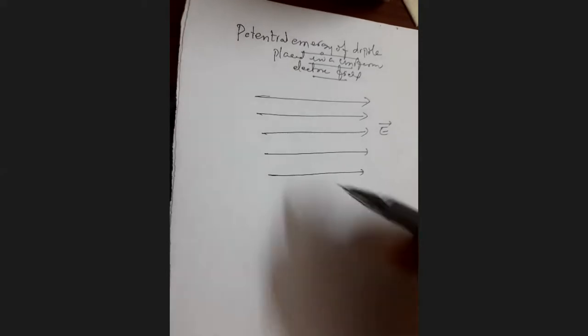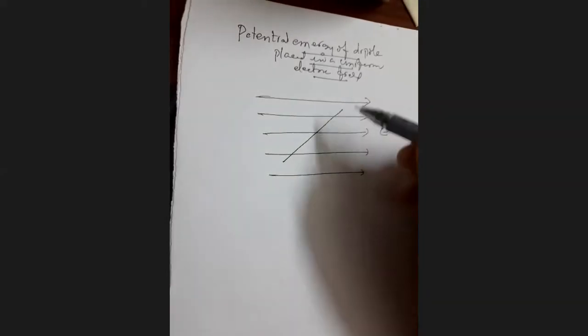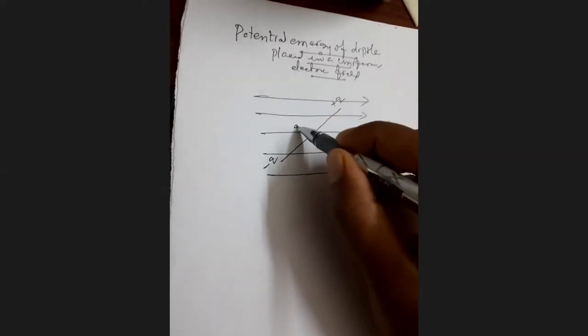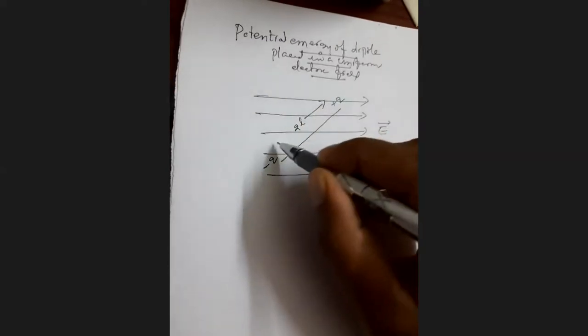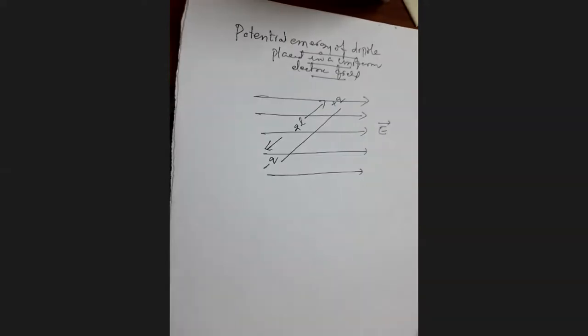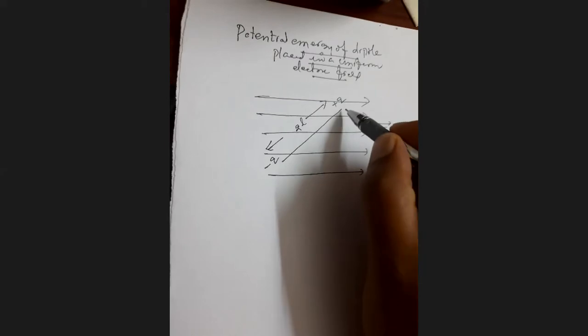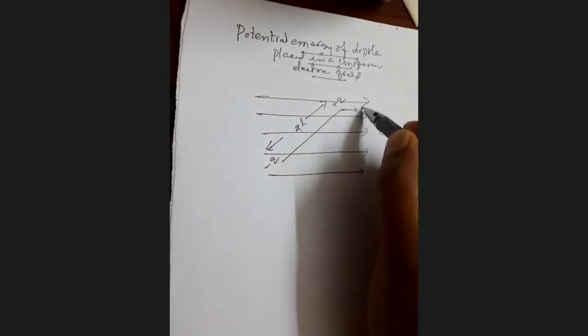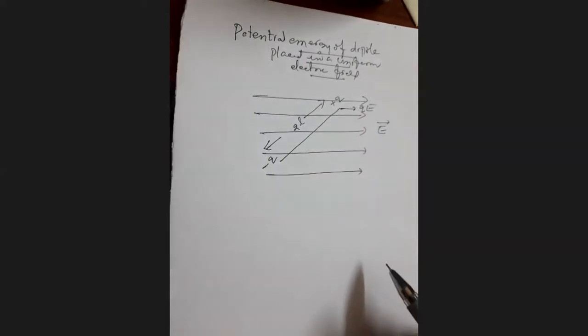Now I am taking minus Q and plus Q. This is the electric dipole. Length of the dipole is 2L, that is the distance between minus Q and plus Q. According to our previous discussion, on plus Q, F equals QE acts parallel to the field.